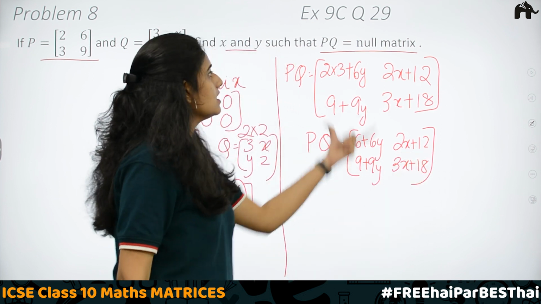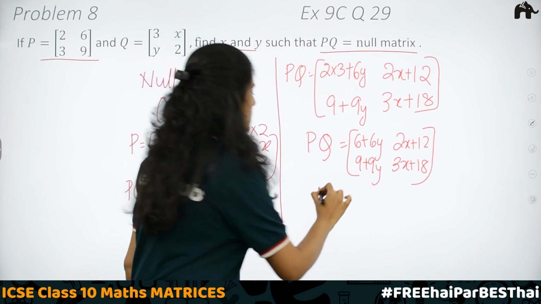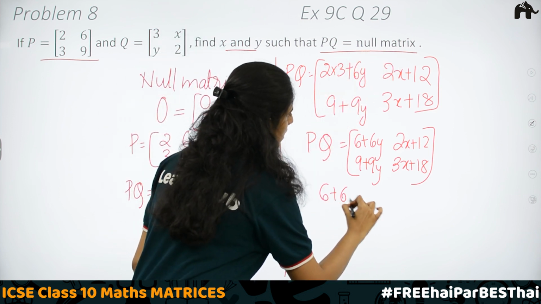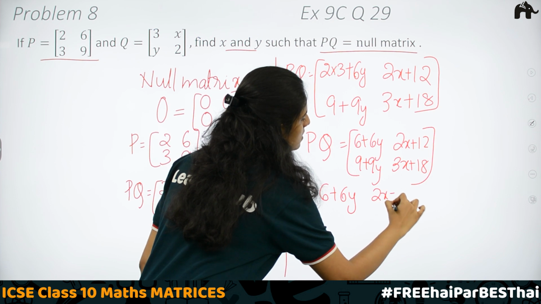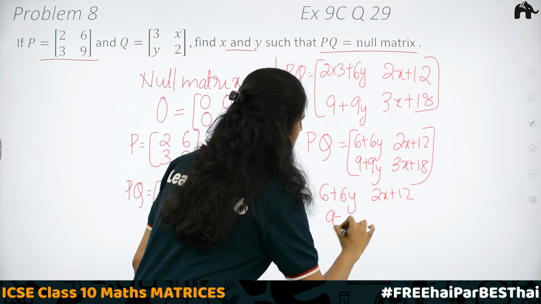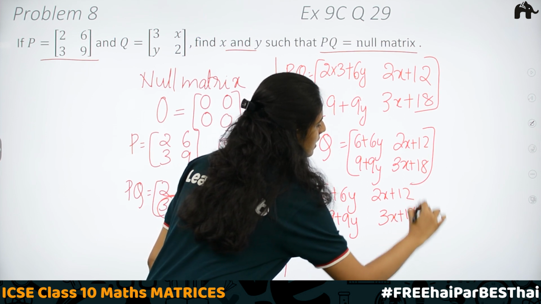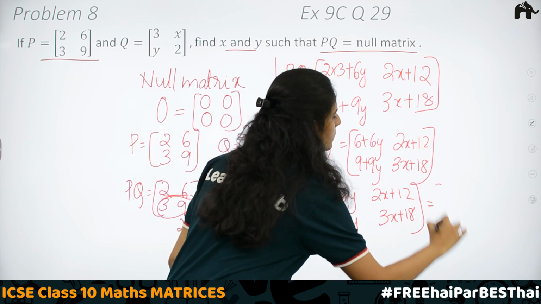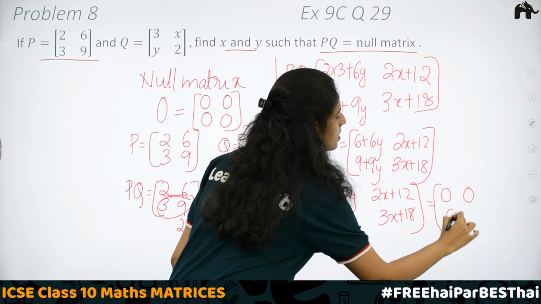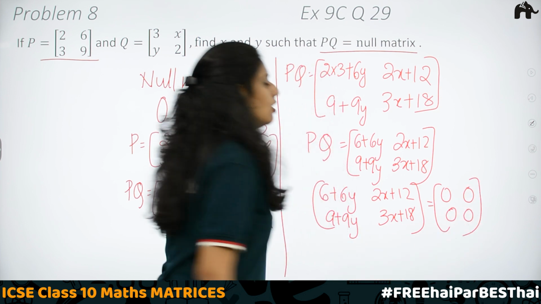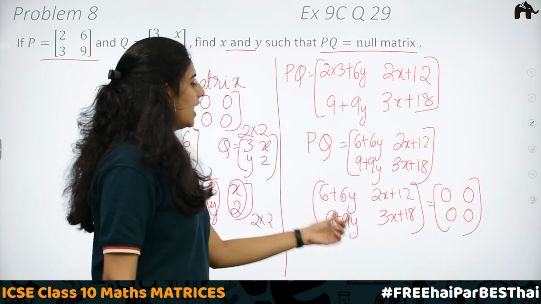Given this is equal to null matrix, which means 6 plus 6y, 2x plus 12, 9 plus 9y, 3x plus 18 is equal to 0, 0, 0, 0. Now we can easily find the values of x and y.